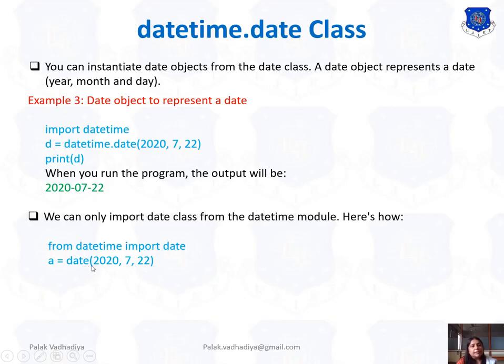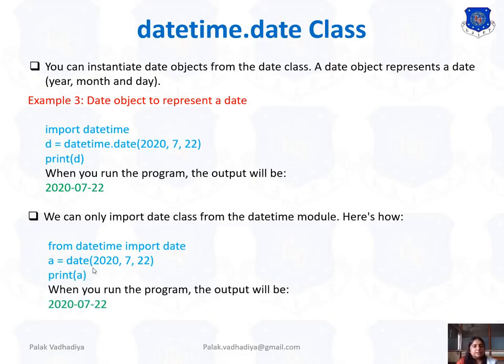Then we print A, and it gives the same answer. The only difference is that earlier you specify module dot class dot method, and here you need to specify only the method.